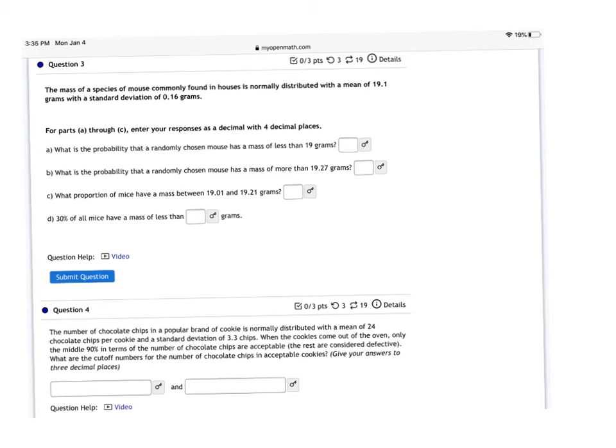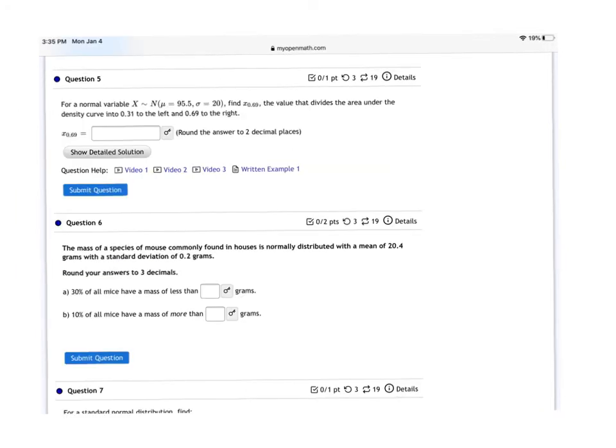And if you can't remember how to do that, each of these has videos that you might want to go ahead and click and take a quick look at and see how that works out for you. On these next two, just a quick reminder that in this notation, if x is normal, it's going to have the mean first and then the standard deviation second. So this n just implies a normal.